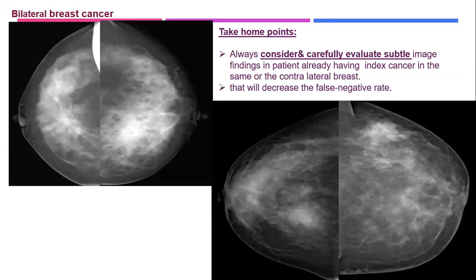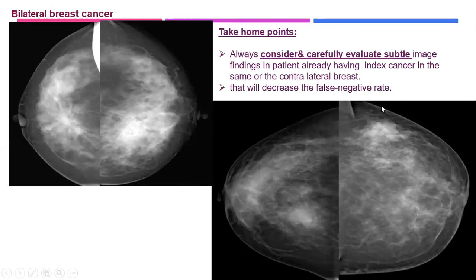So this is also my patient having bilateral malignancy. After that, I started to pay attention to the contralateral breast, scrutinizing for any suspicious abnormality.